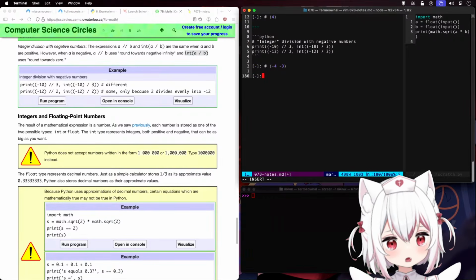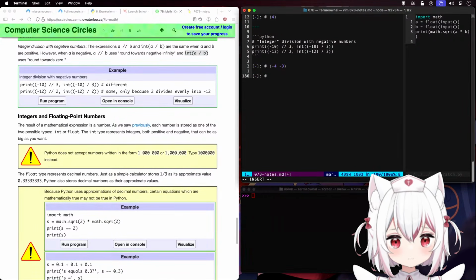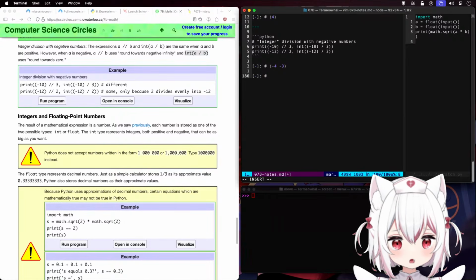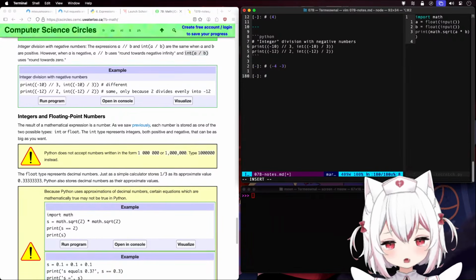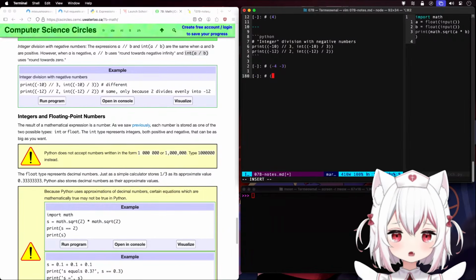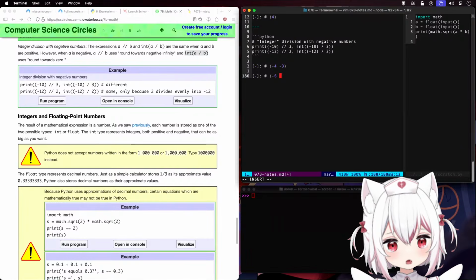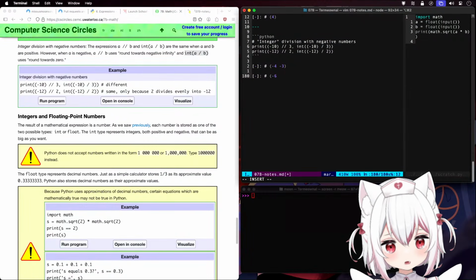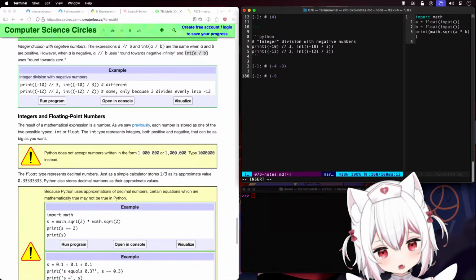Then the next one. Negative 12, 2. Now this one I'm a little bit confused, because isn't it just 6? Why would it round at all? Should it round to 7? Or should it just be 6? And then this should also just be negative 6?